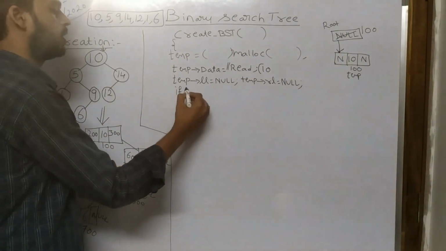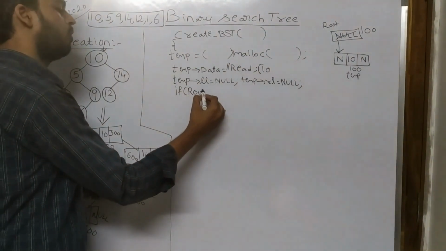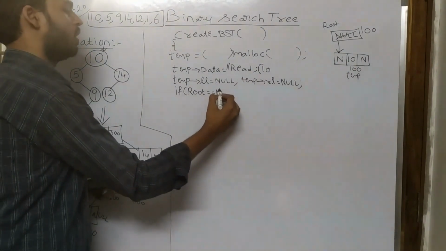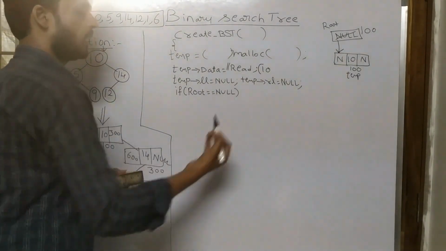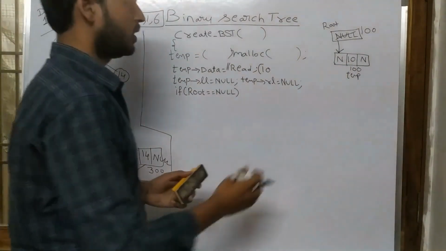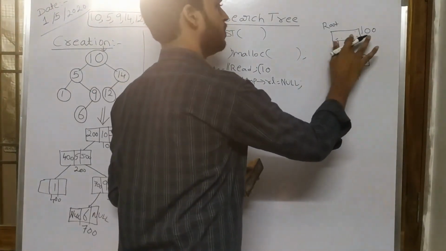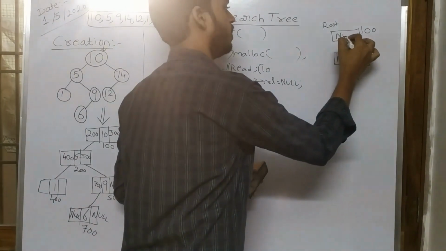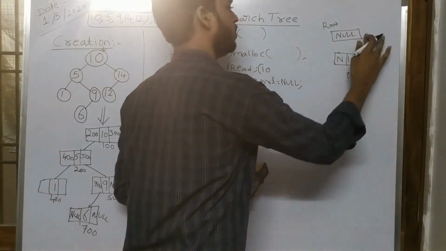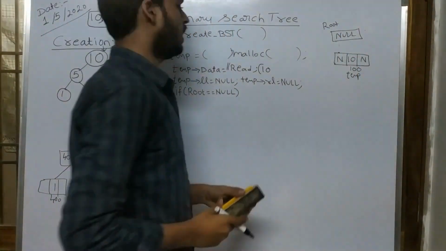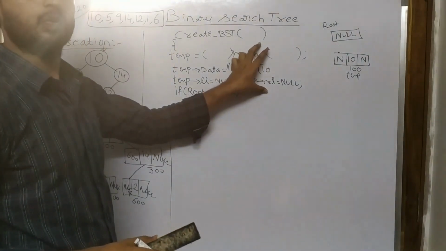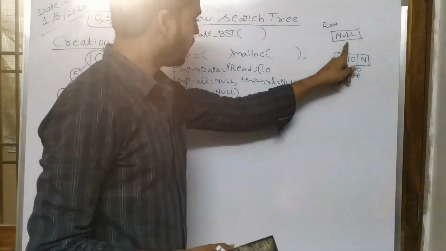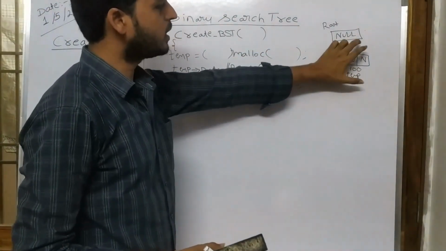So I am writing: check if root == null. Yes, root == null. See here, root is actually null, and we have created a node. So now when root is null, this is the first node.